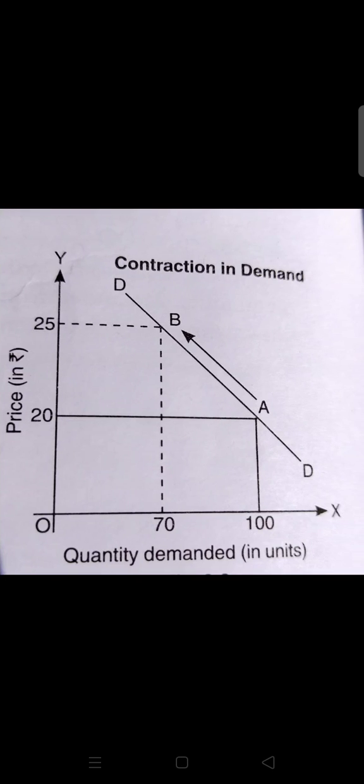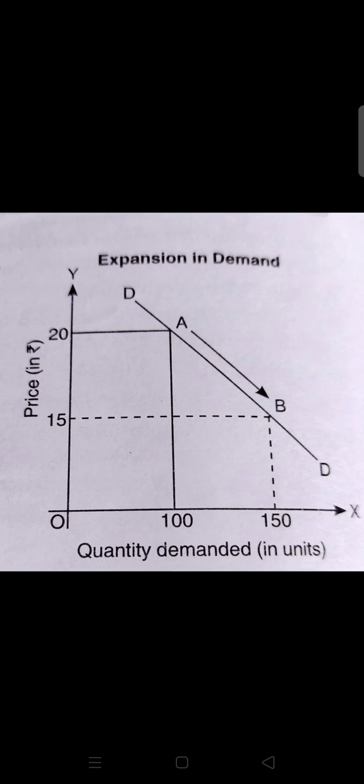When you express it in a graph, you can see that when the price is 20, the quantity demanded was 100, and when the price decreases to 15, the demand increases to 150.